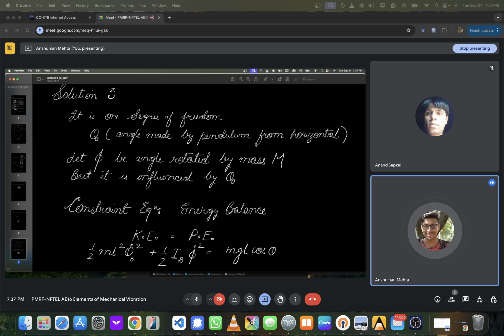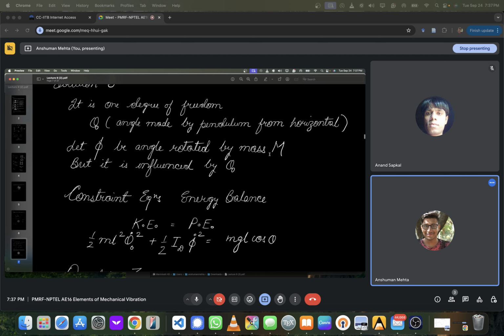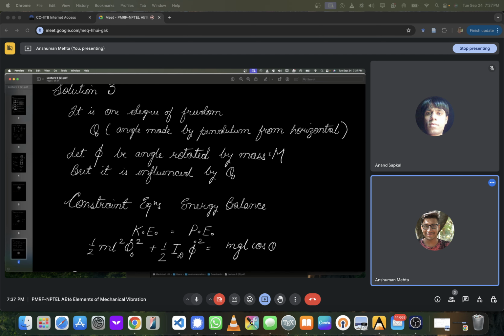Kinetic energy terms are half m l square, I of the disk, r square, and r square will come into I d only.